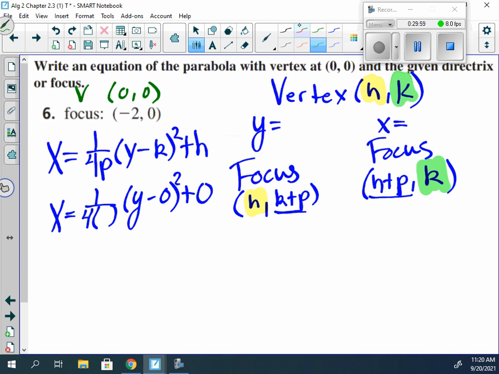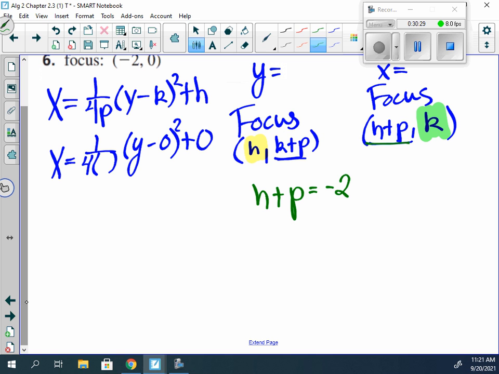Any questions on this here before we find the value of p? Well, we know the vertex is (0, 0), yes? Well, the focus is (-2, 0). The -2 lines up with the h plus p, yes? So what we're really saying is that h plus p is equal to -2. What's the value of h?